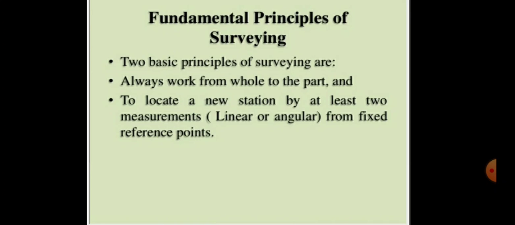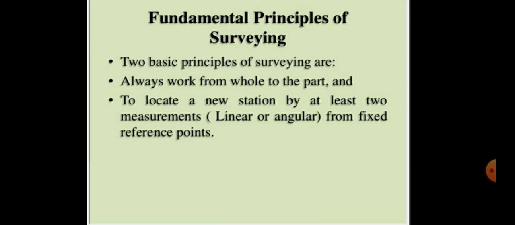Now coming to the fundamental principles of surveying, the next topic. Remember these 2 points, that there are two basic principles of surveying. The first one is to work from whole to part, and the second one is to locate a new station by at least 2 measurements, linear or angular, from fixed reference points.